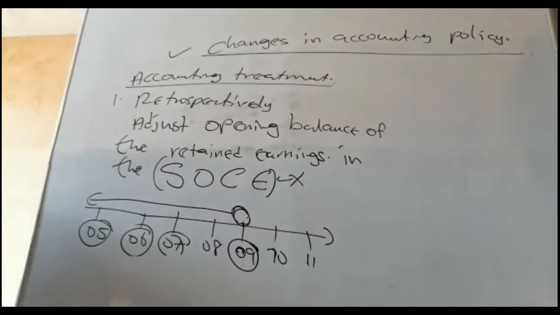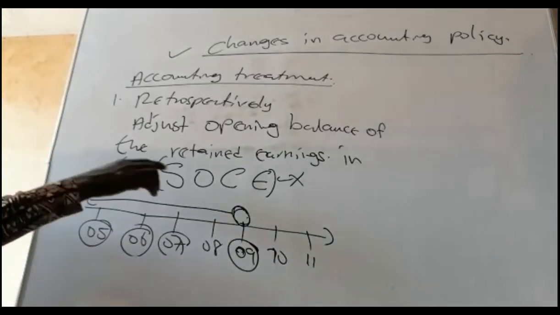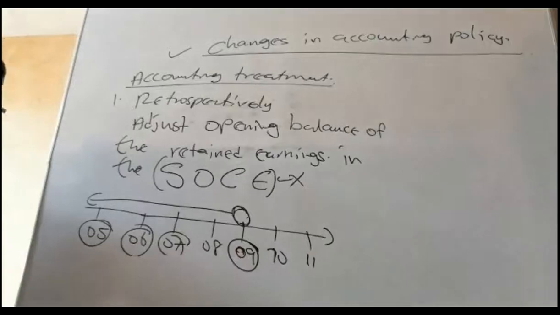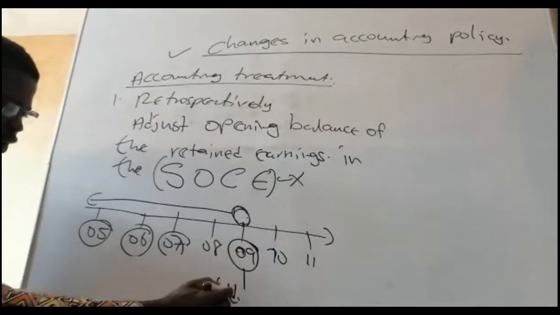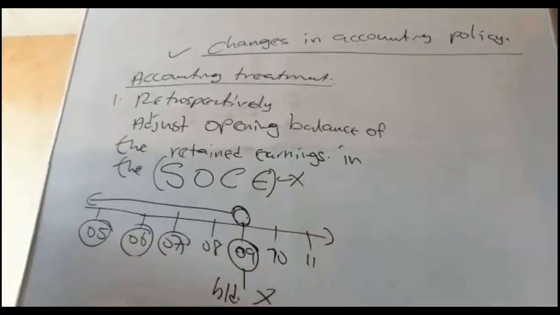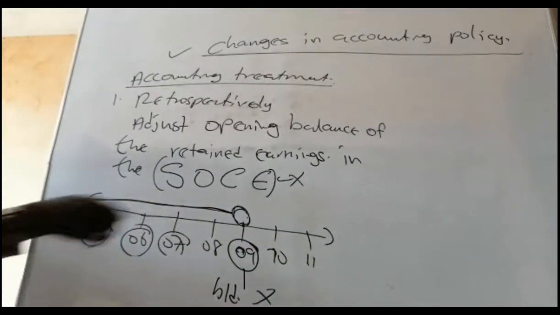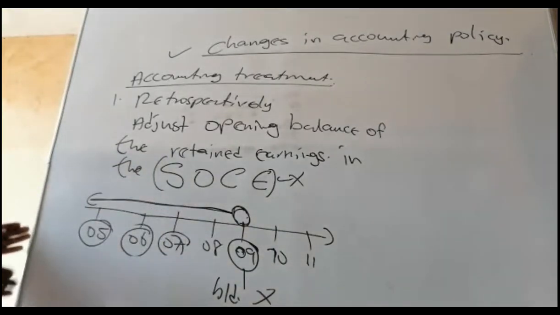So let's bring the opening balance of the retained earnings as at the beginning of 2009. Then you adjust it with the effect of the change on the prior periods.